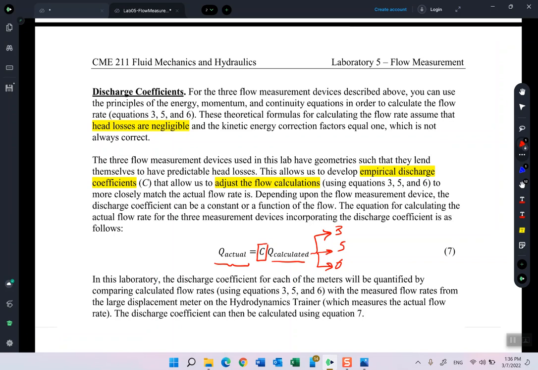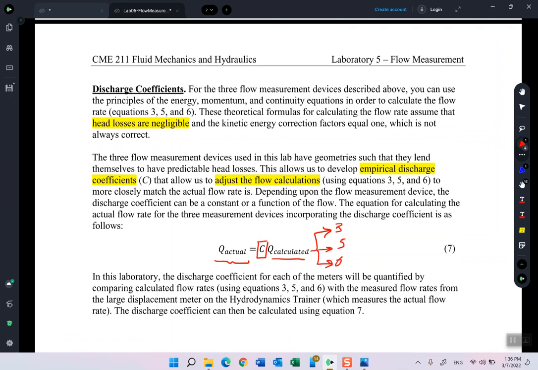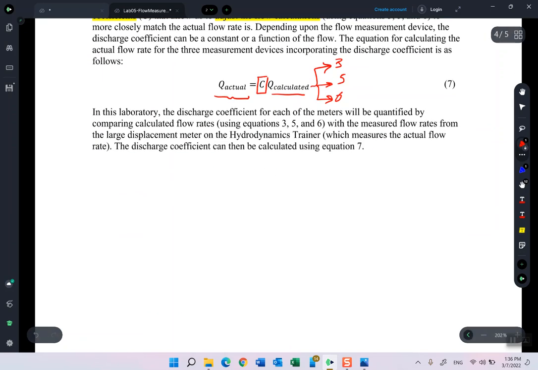And in this lab, we will learn how we can get the discharge coefficient from some measurements. Of course, we are going to do that in detail, but is there any question about why I am using this equation and why I have to correct the calculated discharges to get the actual discharge?